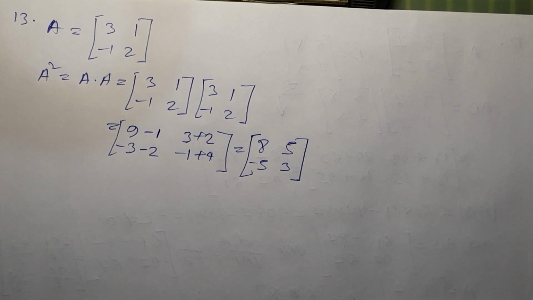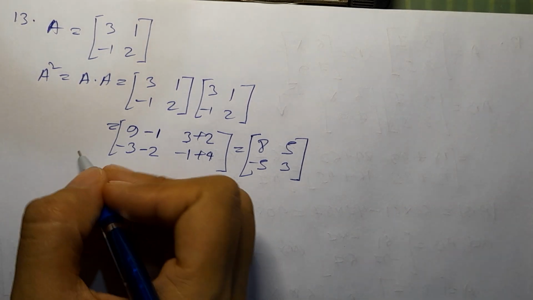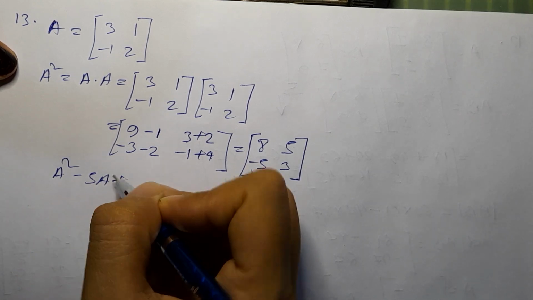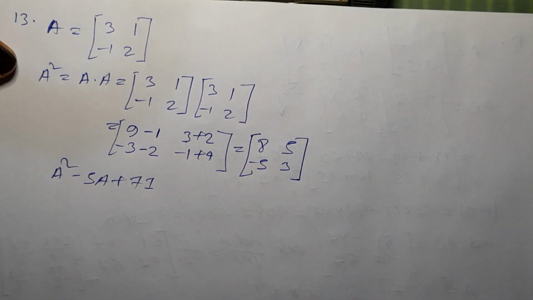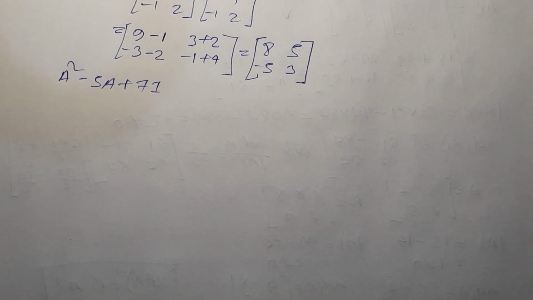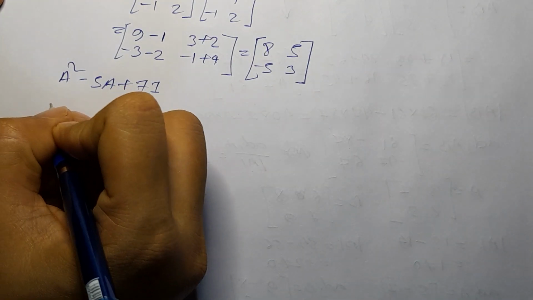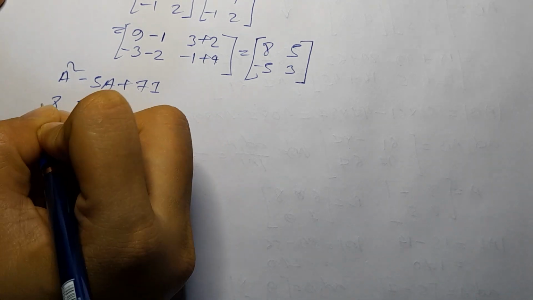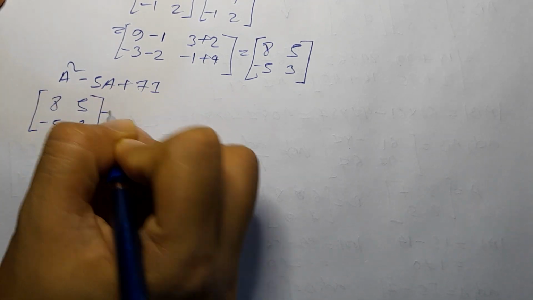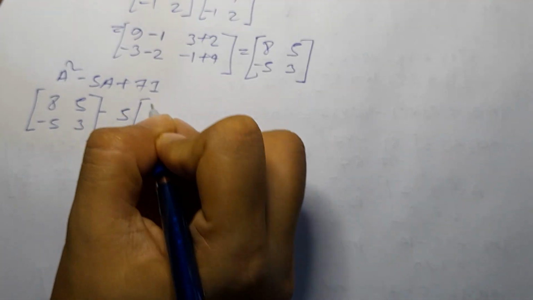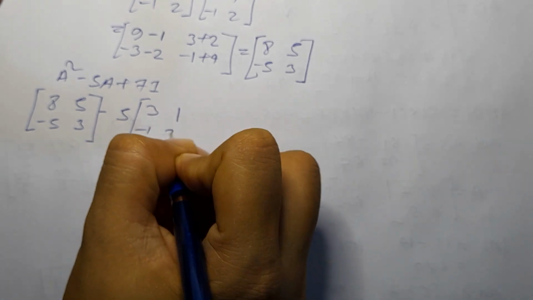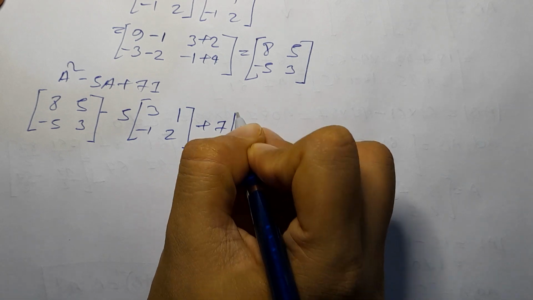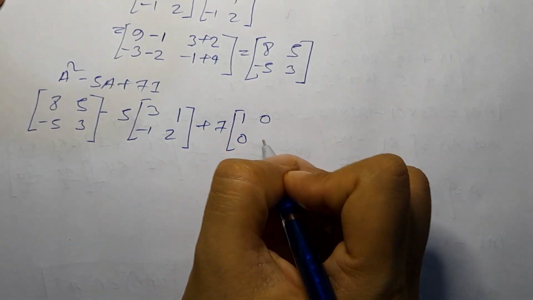Now put in the equation, that is, the equation is A square minus 5A plus 7I. I is the identity matrix. A square we got, that is [[8, 5], [-5, 3]], minus 5 times A, how much is A? [[3, 1], [-1, 2]], plus 7I, I is [[1, 0], [0, 1]].